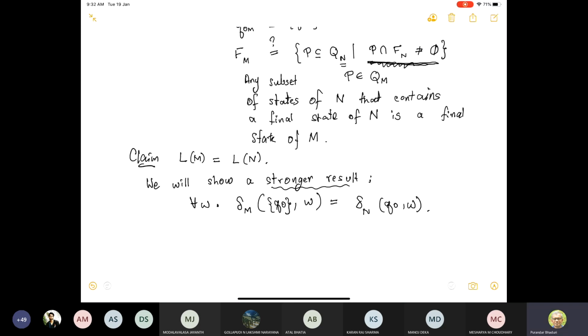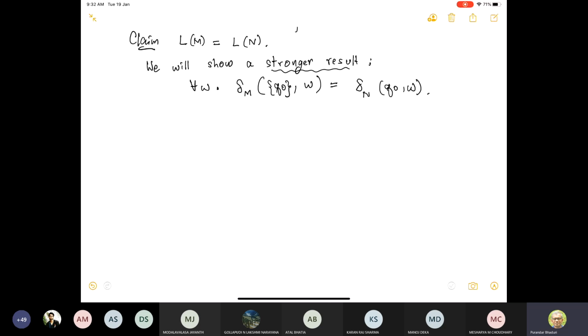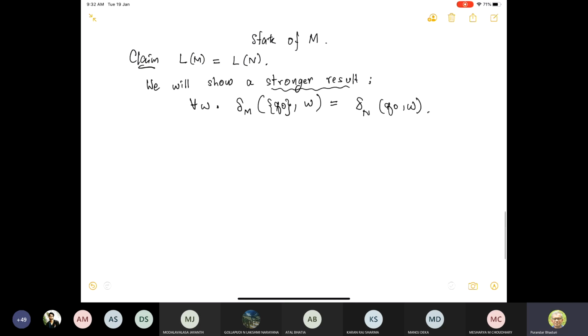And how do we show this result? Any guess? How do we show this result? Yes? Sorry, I didn't hear that. By induction. By induction on what?